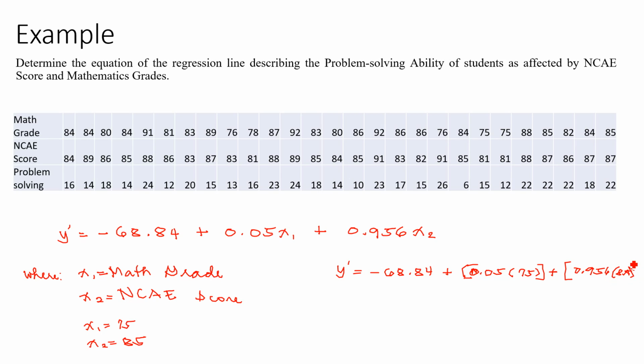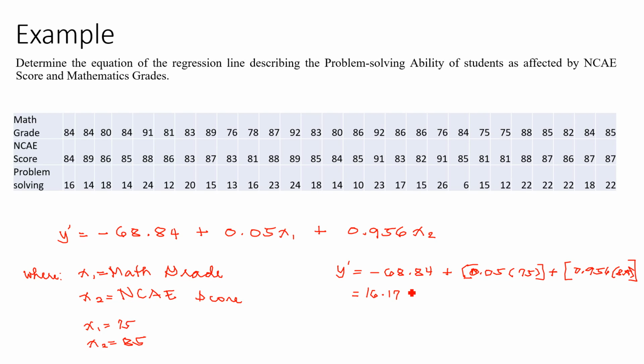Using the calculator, the problem solving skill score of the student would be 16.17. So that's how we are going to interpret the equation of the regression line.